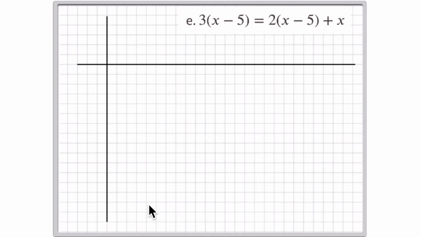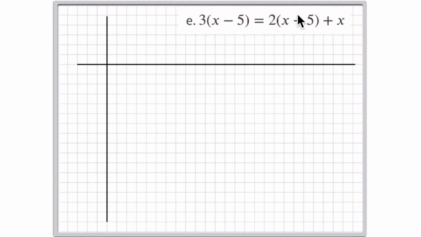It's always true. And the last problem, this is going to be 3x. The slope will be 3 because you multiply this 3 times this x, and it's going to be plus a negative 15. So this is a negative 5. 3 times negative 5 is negative 15. On this side, it's going to be 2x here, 2 times x, plus another x. So again, it has to have the same slope, 3x.